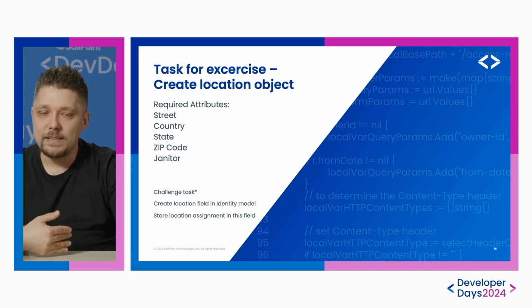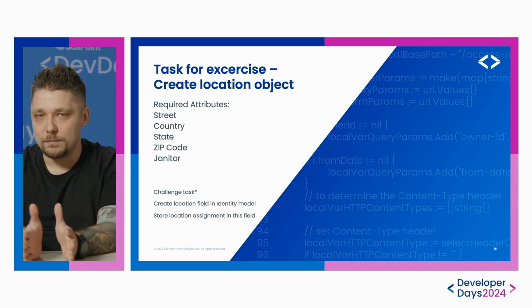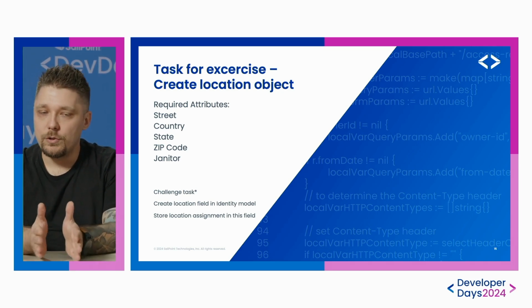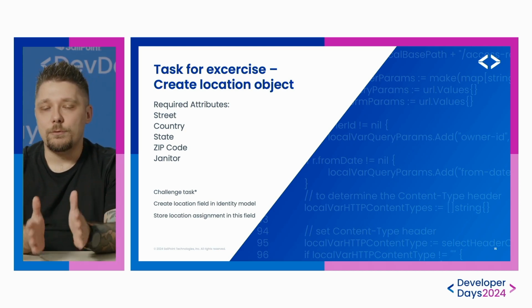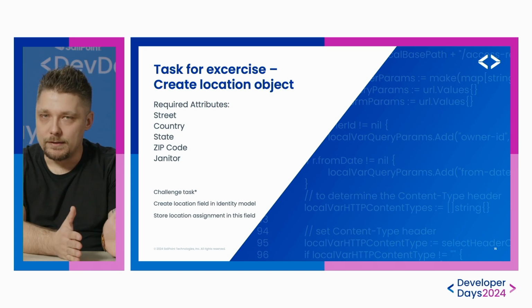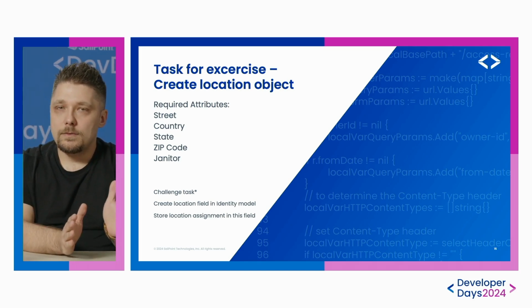Create a location field in the IdentityIQ identity model to store not a location ID or location name, but really a location reference in this field. Don't be afraid.